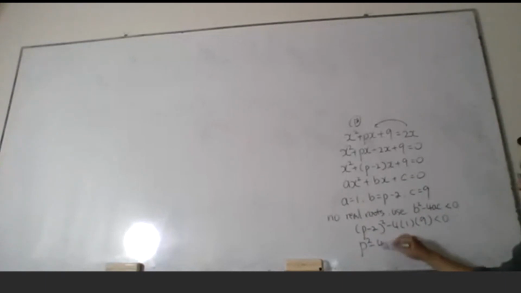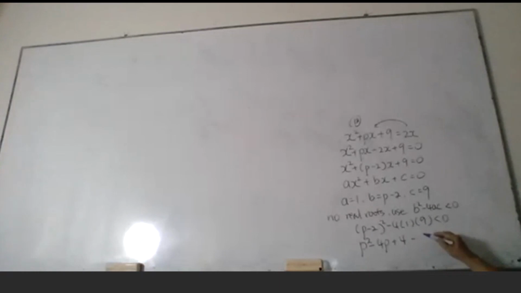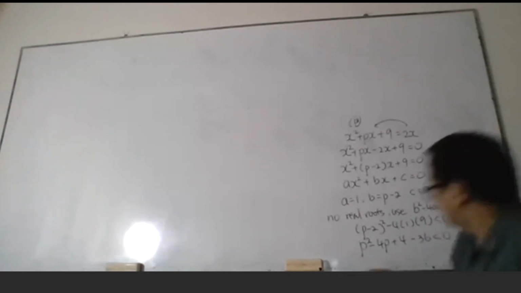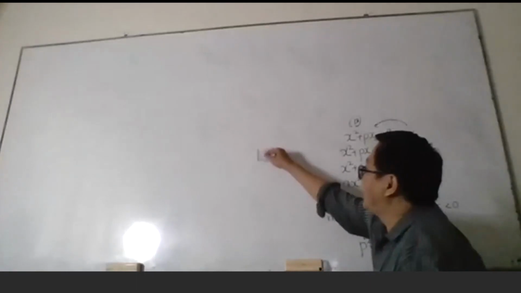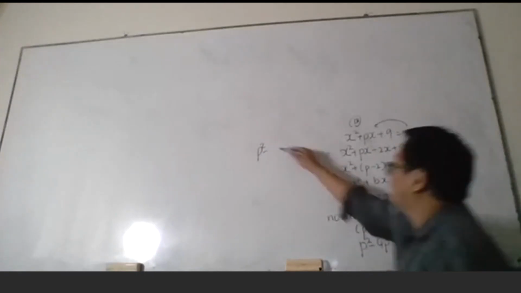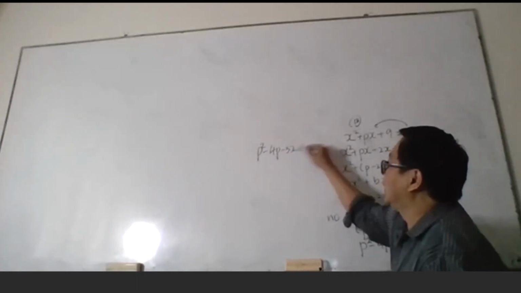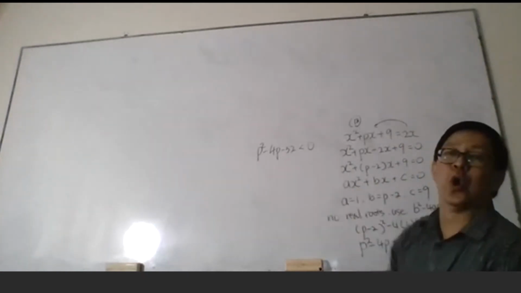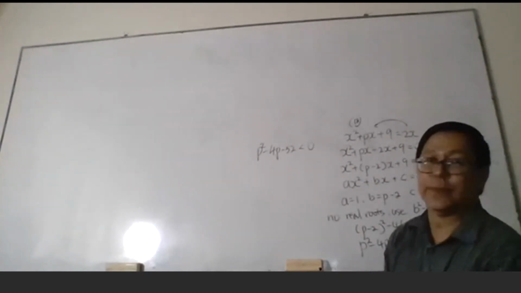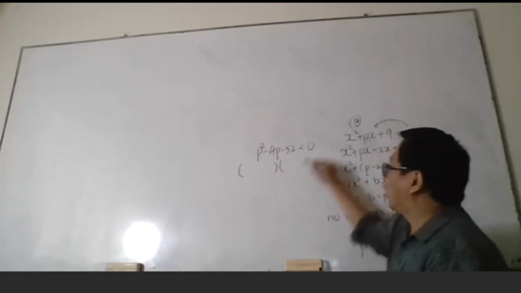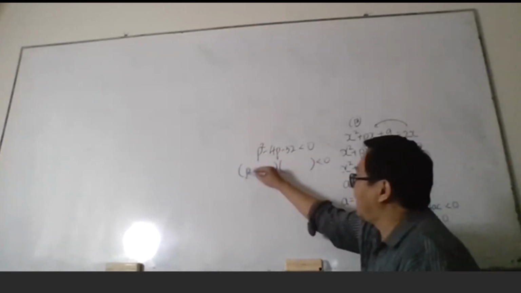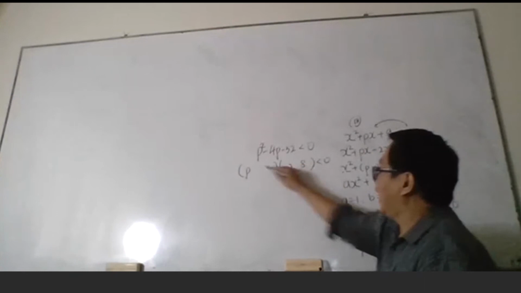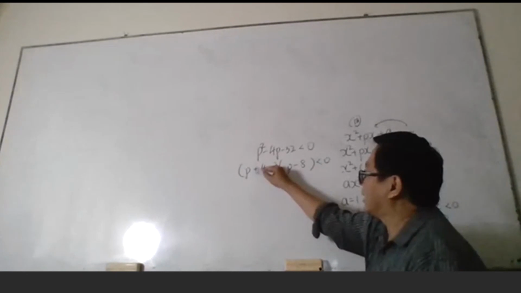So p squared minus 4p plus 4 minus 36 less than 0, and p squared minus 4p minus 32. This one is a so-called quadratic inequality. So you need to factorize, with 8 and 4, minus and plus.